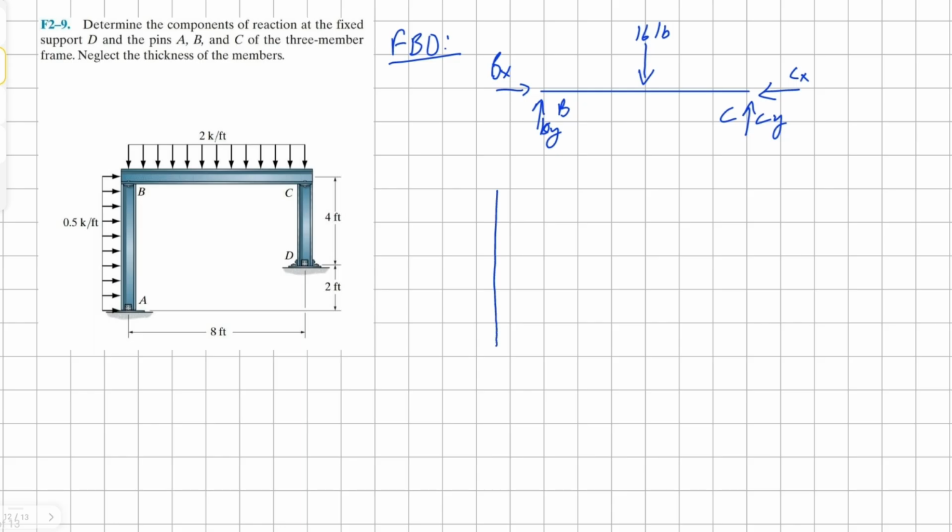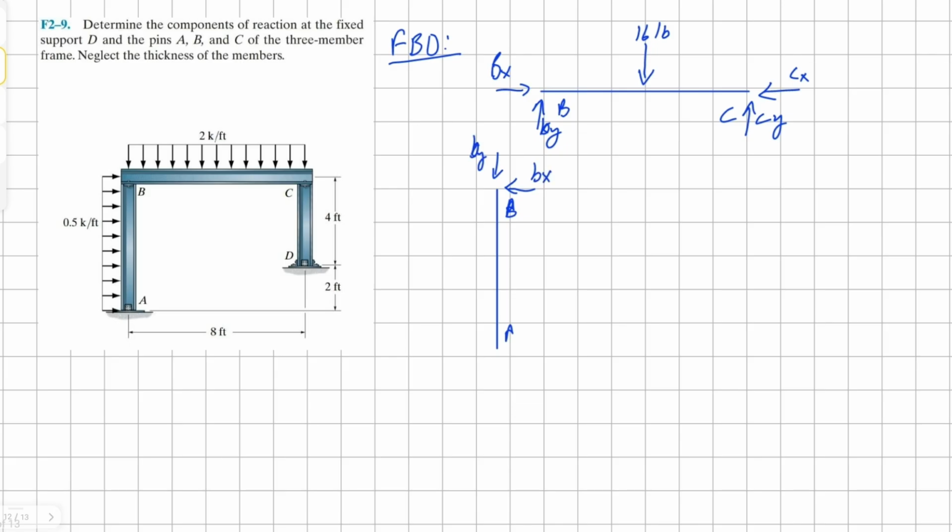Now I'm going to draw member AB. For member AB, we have a similar situation. We have a pin connection on both ends. We have to make sure that we are drawing the opposite vector to whatever vector we have drawn for point B, so they cancel each other out.